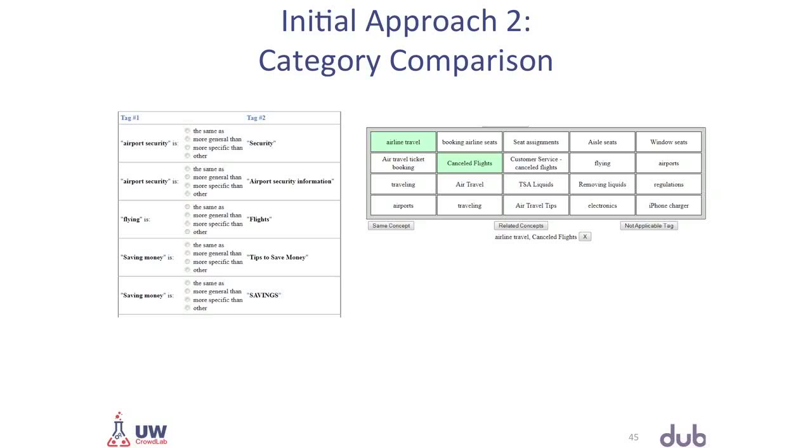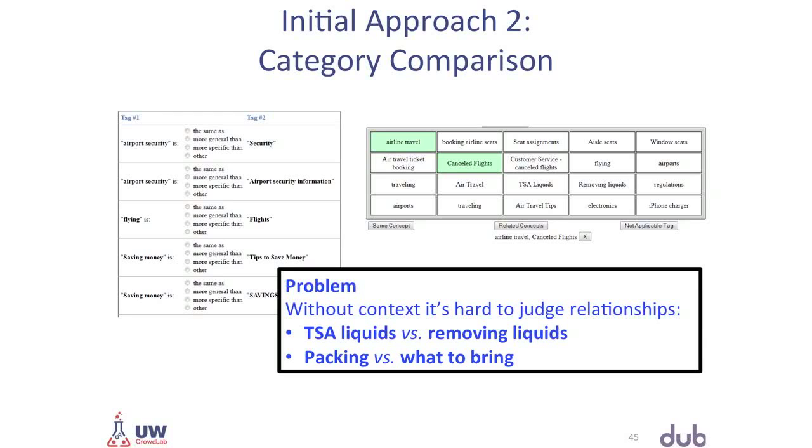They were given a set of questions like, is saving money more general than, or more specific than, tips for saving money, and sort of building up a set of relationships there. And this didn't work at all.